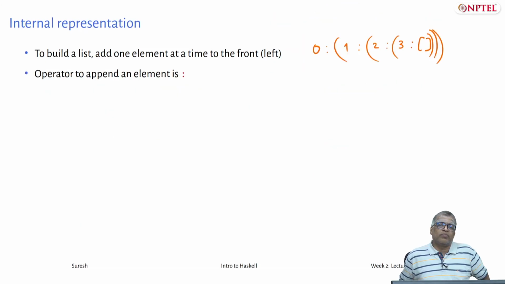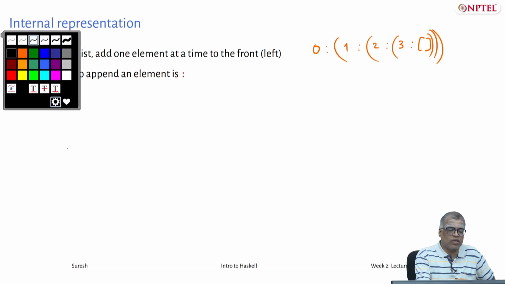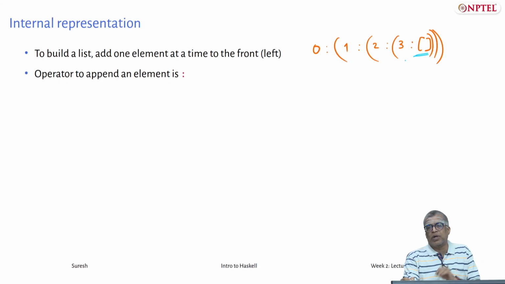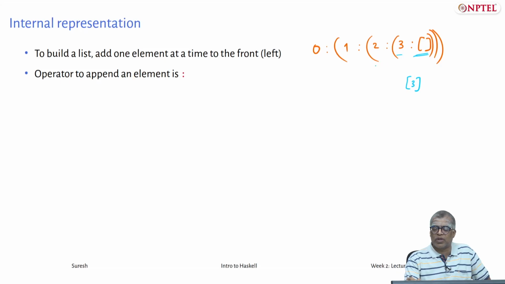To build a list, you start with the empty list, which is denoted by just the square brackets without anything written in between, the empty square bracket, if you will, and then you use the colon operator to put an element before an existing list. So you put 3 before the empty list, that will give you a list consisting of just the element 3, and you put 2 before the list 3, and this is nothing but the list 2, 3.